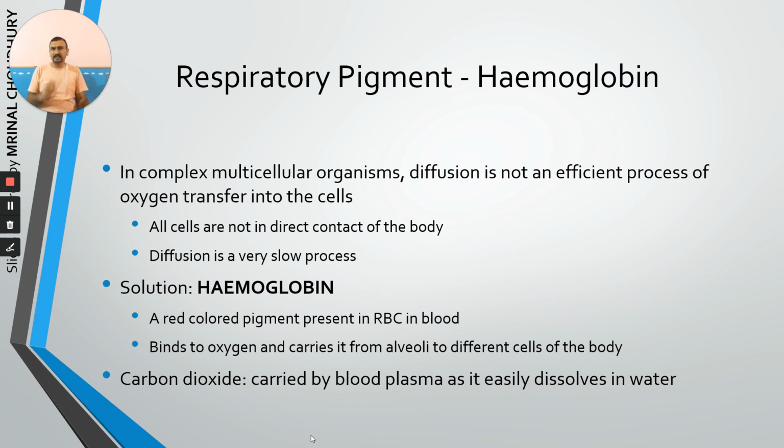Carbon dioxide does bind to the hemoglobin, but its efficiency is very less. Only around 7% of the carbon dioxide can bind with the hemoglobin. Otherwise, it's entirely the oxygen which is binding with the hemoglobin.